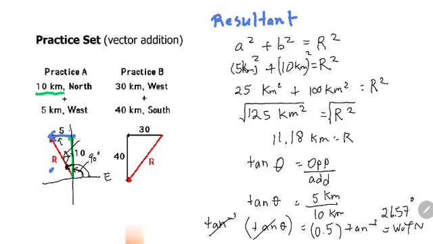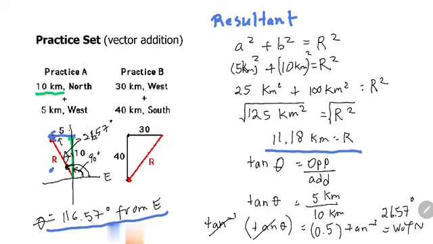Tapos ito, 26.57 degrees. So, 90 plus 26.57, 116.57. Tama, 116.57 degrees from east. That's the direction.